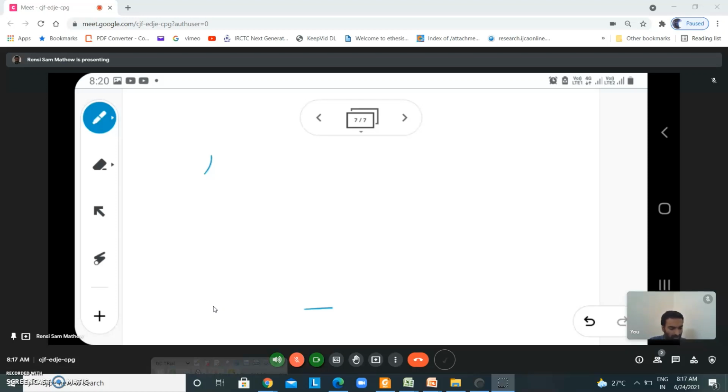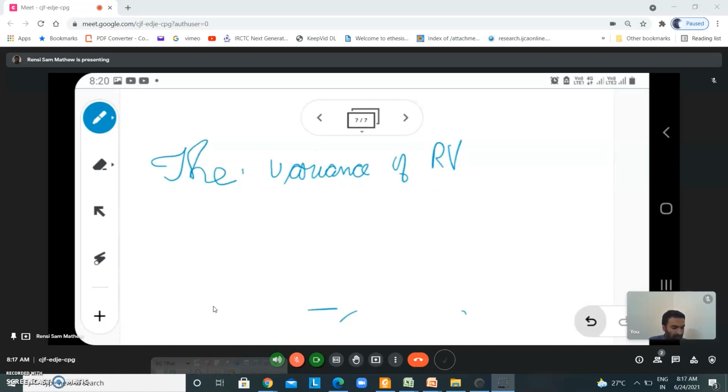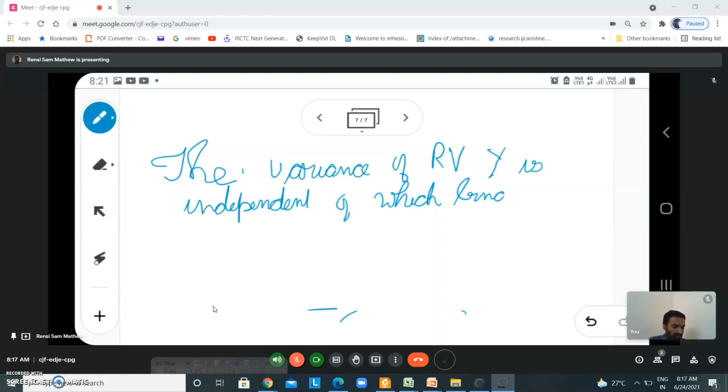What we find is that the variance of random variable y is independent of which binary variable is transmitted.